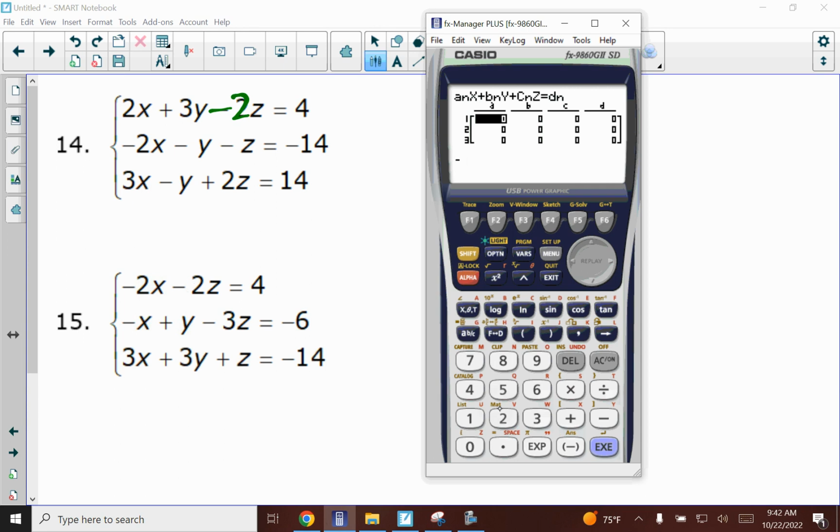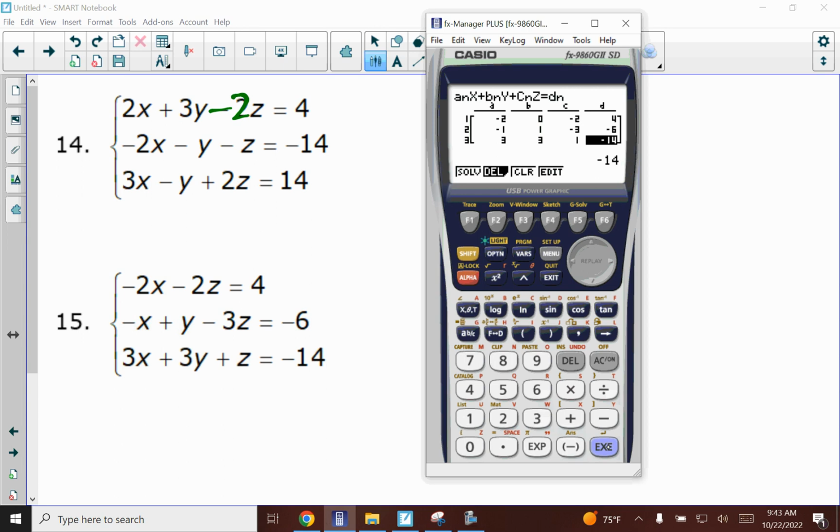So this is going to be -2, 0, -2 for the z, 4, -1, 1, -3, -6, and we have a 3, another 3, 1, and then -14.